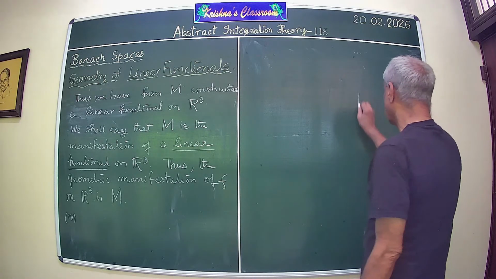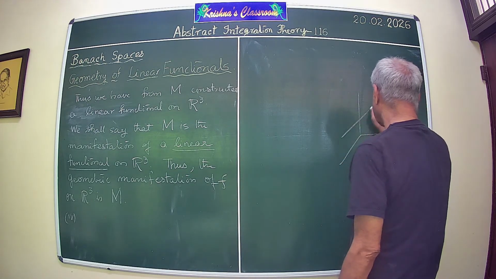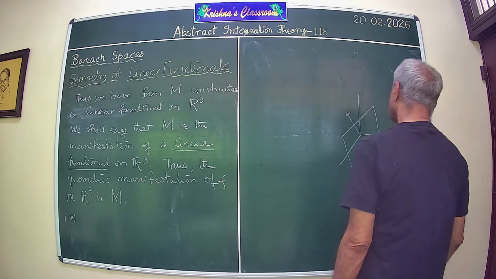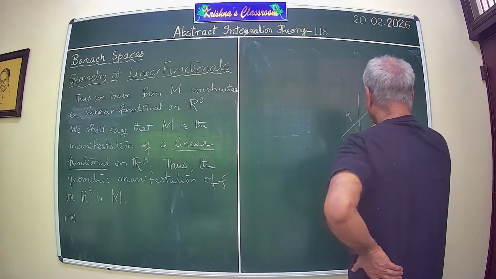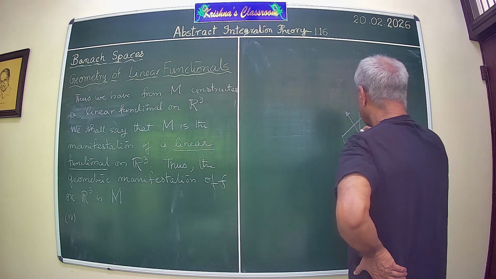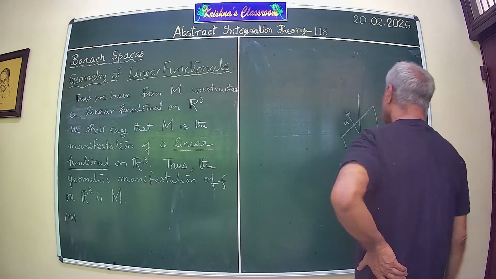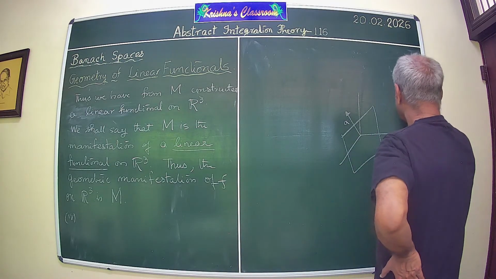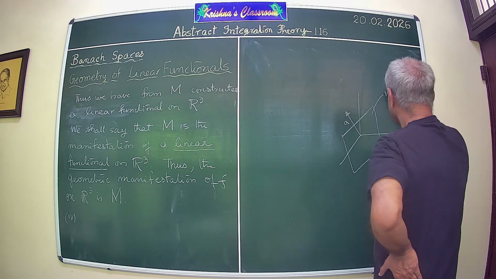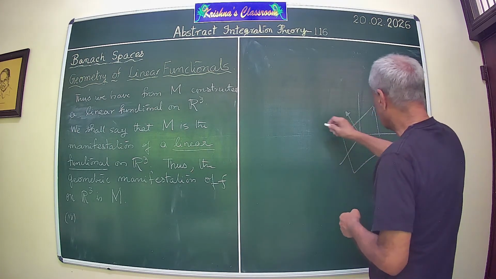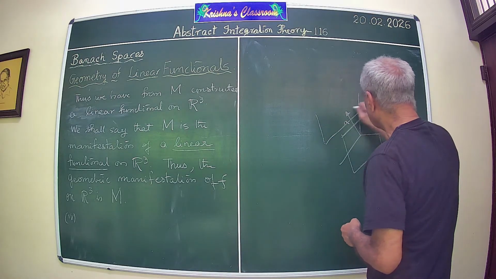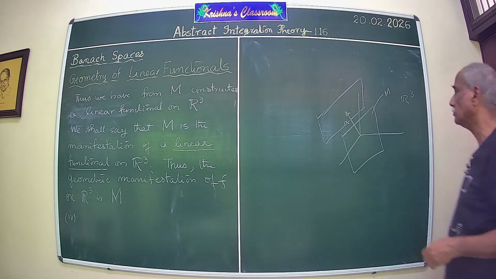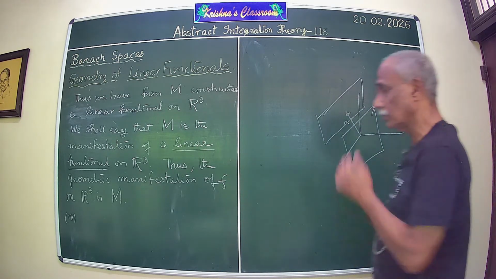So we have, now if you take a vector, say alpha, suppose you translate this plane to vector alpha. Then what happens? Now look at the translate.